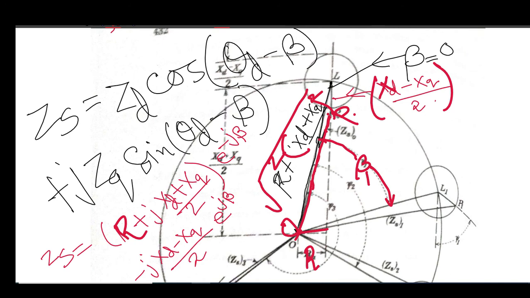What is responsible for change is the orientation of this vector, denoted by LP. Here LP is vertically downward, so you get the Zs between O and P. Now for beta 1, LP would also rotate by an angle. This much is beta 1.